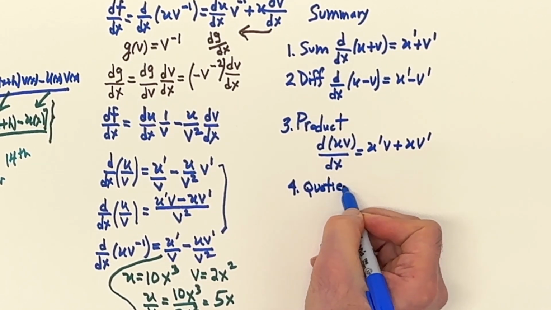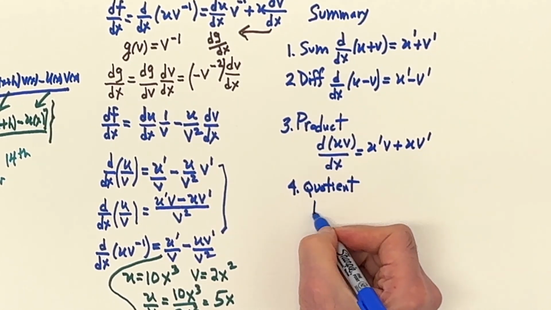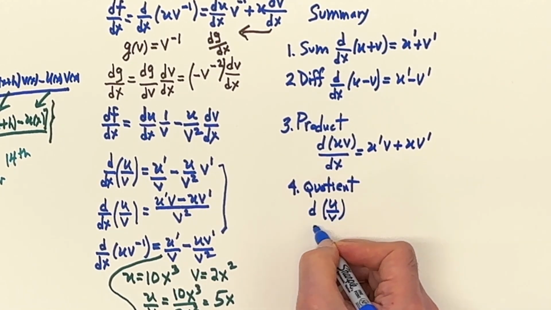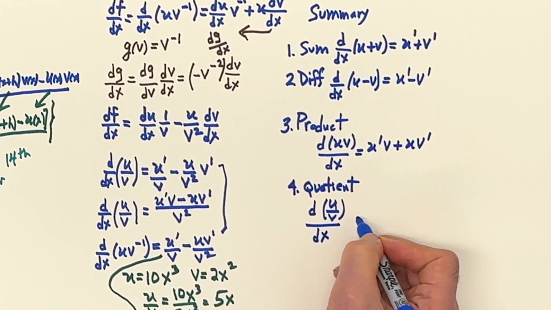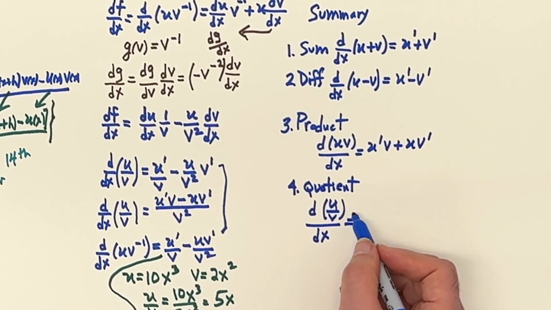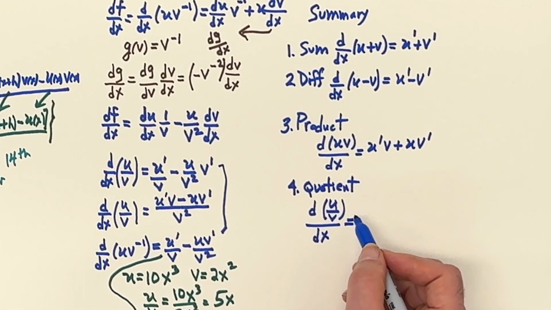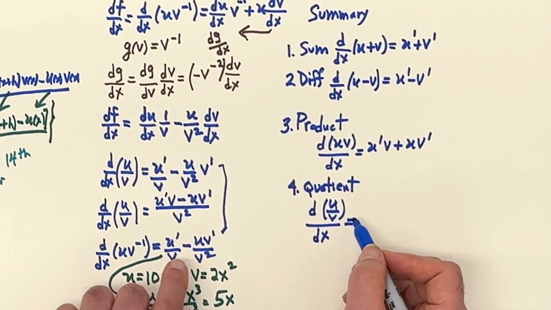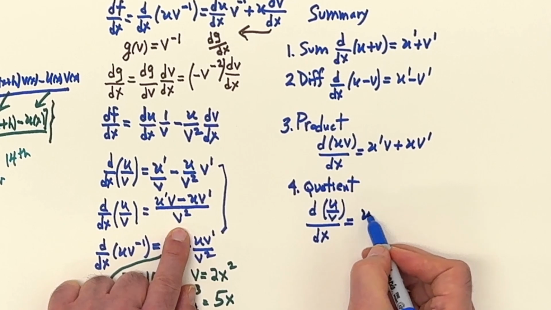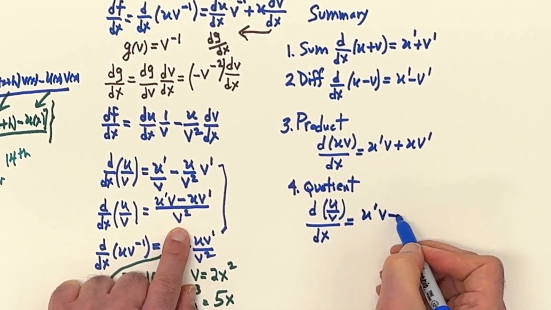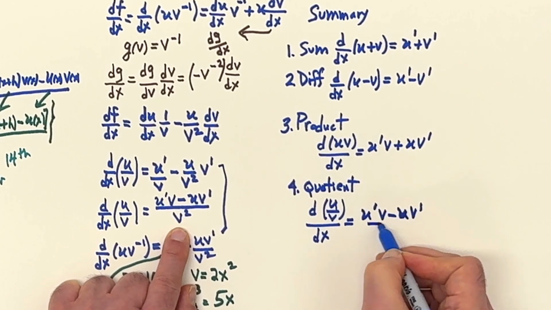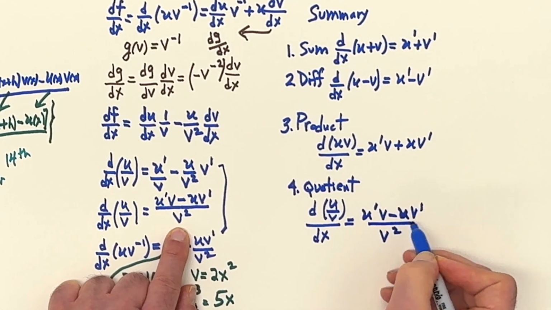where we're taking d u over v dx. And here, the quotient rule, as given in calculus books, would be given by this formula, u prime v minus u v prime over v squared.